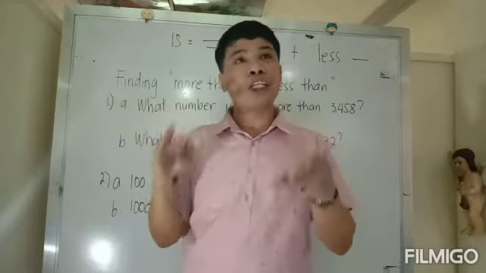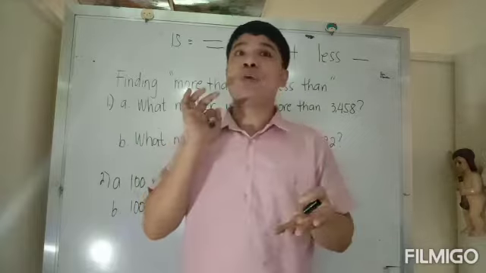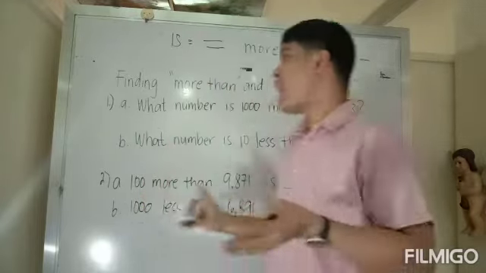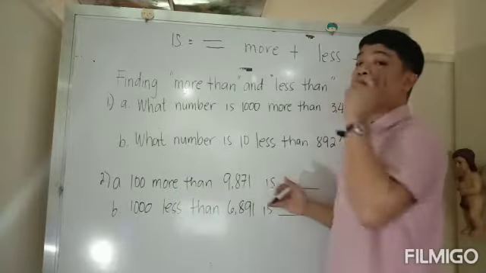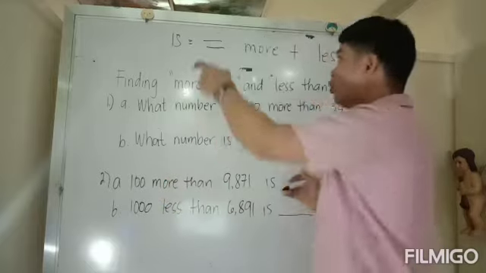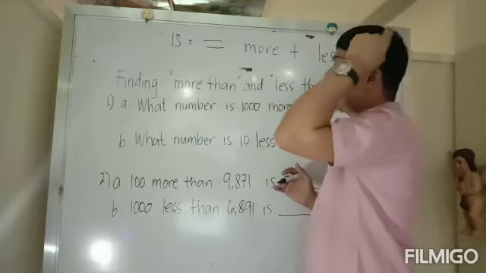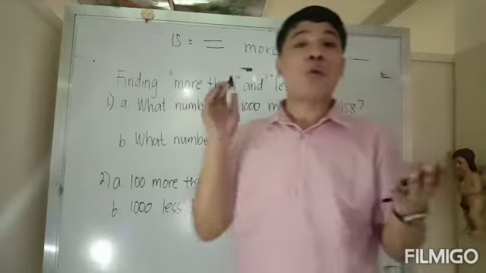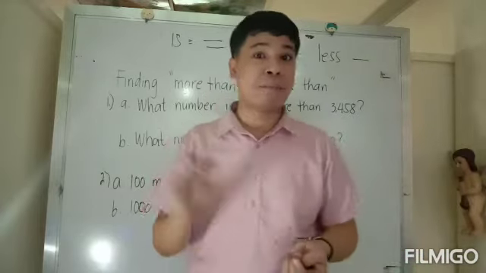Now after learning those three terms, we also need to know the techniques on how we are going to answer this problem. First thing, guys, if you already know these three terms, what you will do first is identify where "is" is placed in the problem.